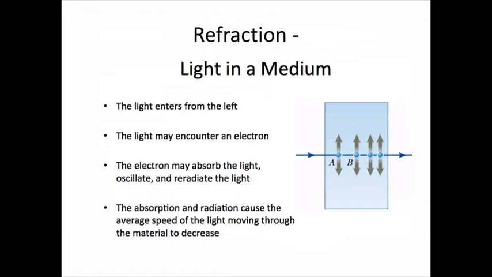The reason for that is that atoms, and in particular the electrons in atoms, absorb the light, jump to an excited level, and then re-radiate the light, and that slows the light down. It isn't just density that decides how much light is slowed down. It is another property of materials that we call refractive index.